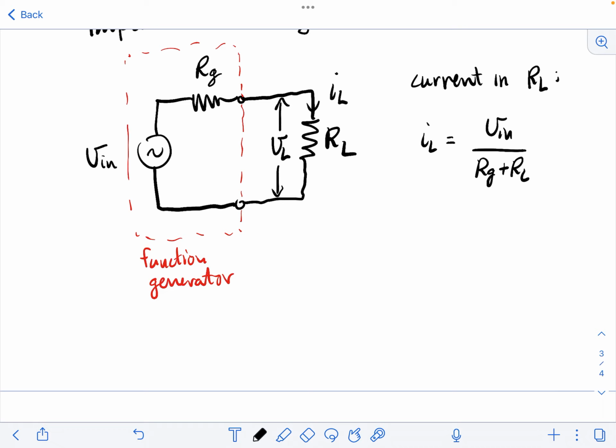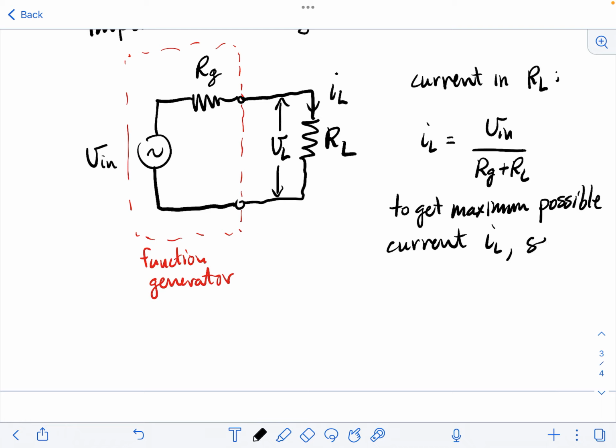Well, looking at this expression, what we want to do is make the denominator as small as possible to get the largest possible current, and so that could be achieved by making RL as small as possible. So to get the maximum possible current IL, we would set RL to be as small as possible. We could make it as close to zero as we can.